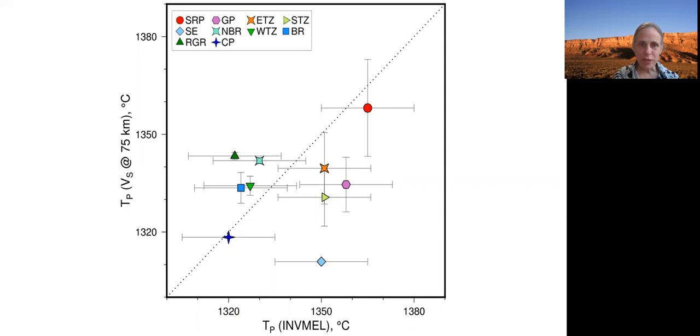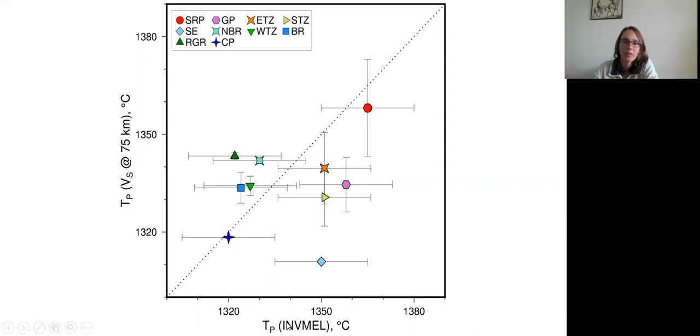So some of them do have their errors. The errors in the seismological, so from the shear wave velocity, those temperatures are just from my regional average, if I remember correctly. So in the Snake River Plain, you've got a very large error bar just because you're really close to the craton edge.